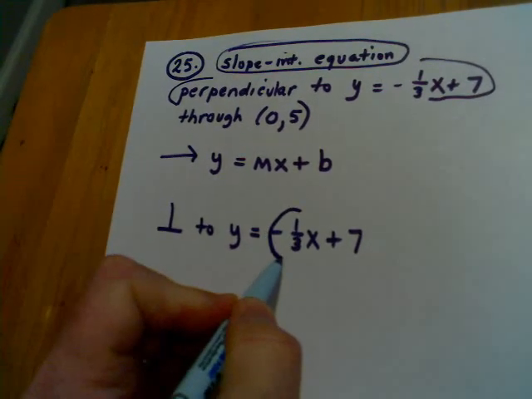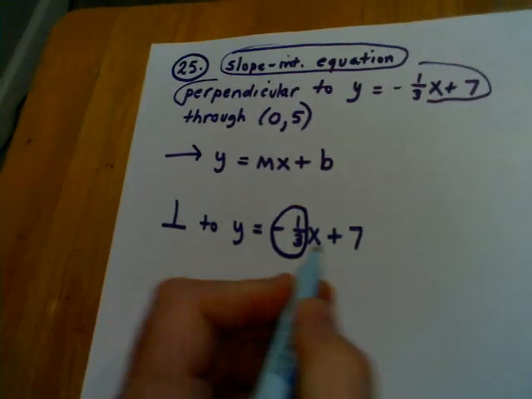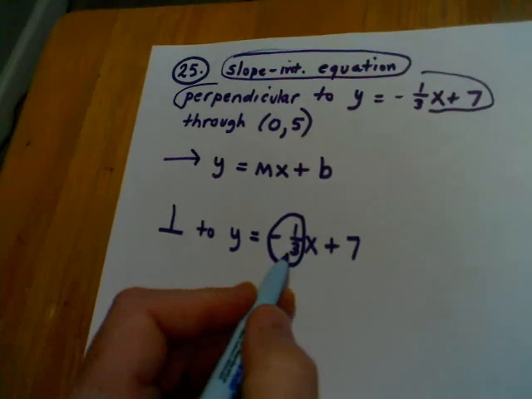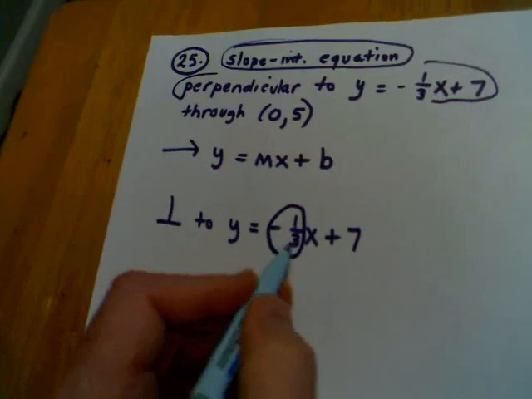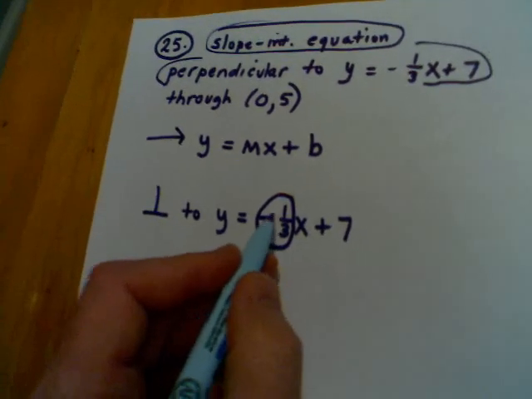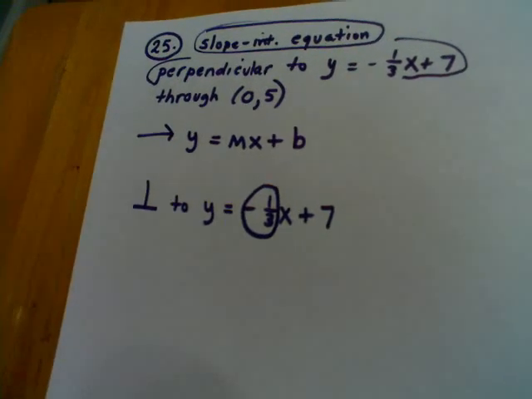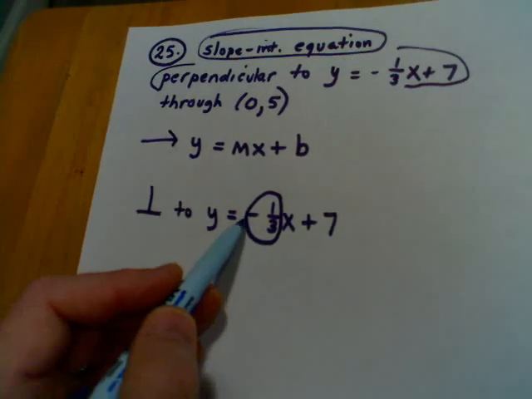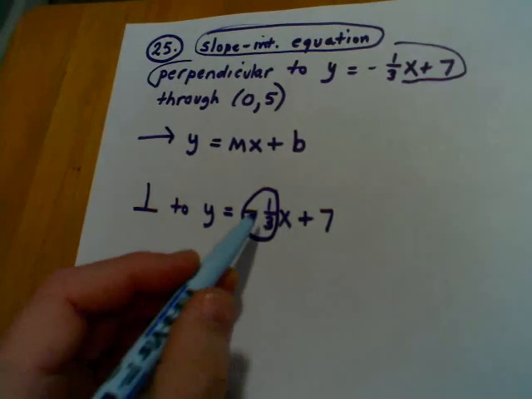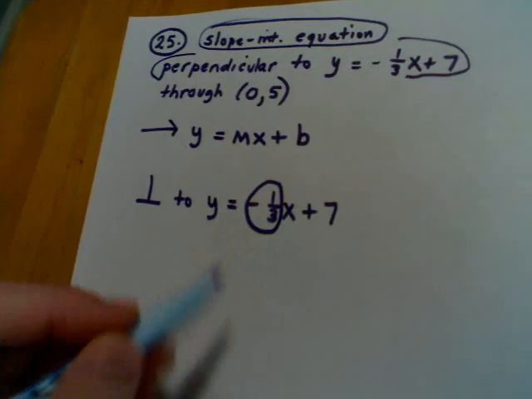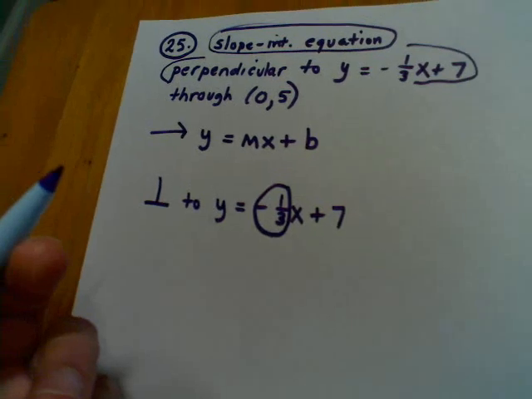This line is already written in slope-intercept form, so we know that the number in front of the x is the slope of this line, which is negative 1/3. If you take the opposite reciprocal of that, well, opposite of a negative means it's a positive, and when you take the reciprocal of 1/3, you get a 3.